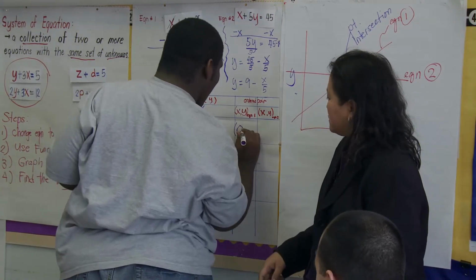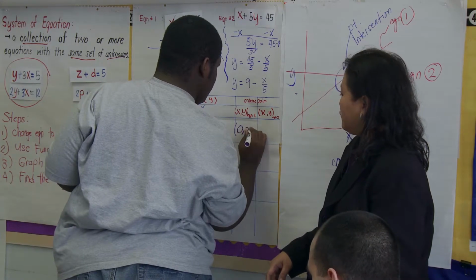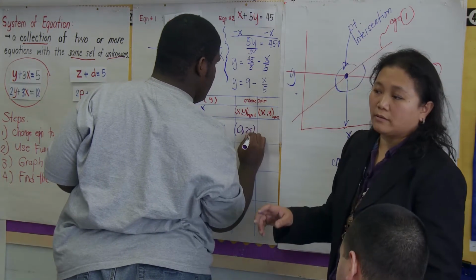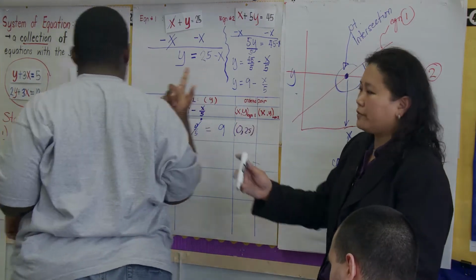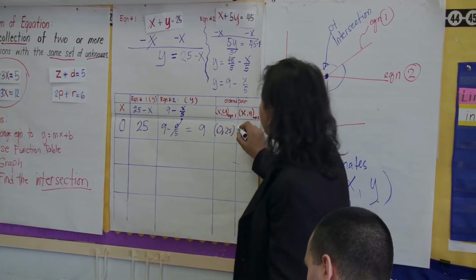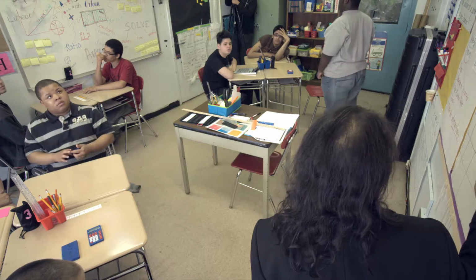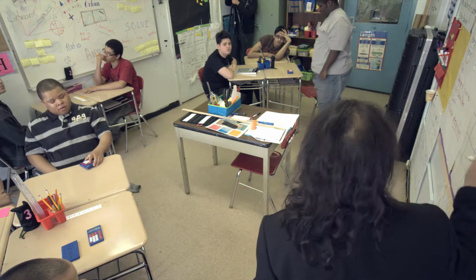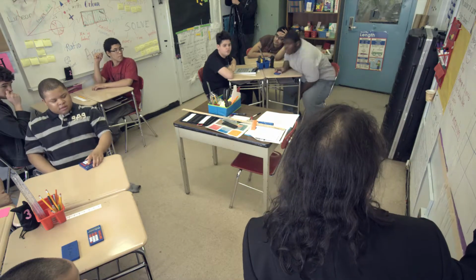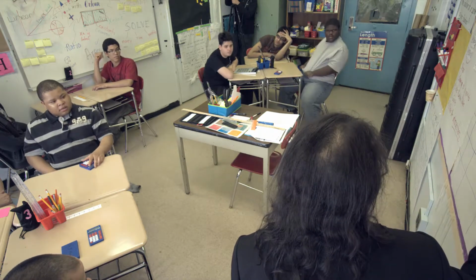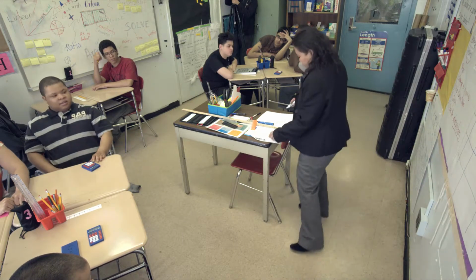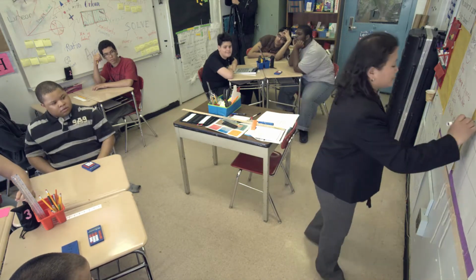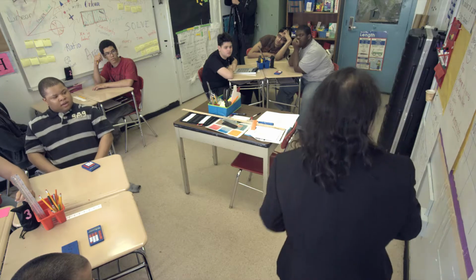And you got 25. Very good. Next pair. Help me out with the next pair. x will be 0 and 9. Okay, let's have another point. Let's go for 10.